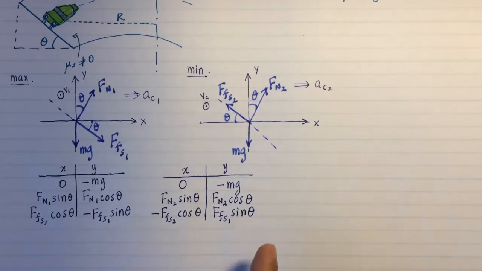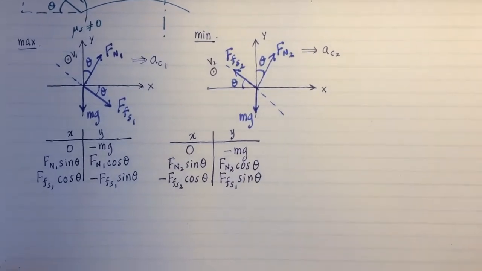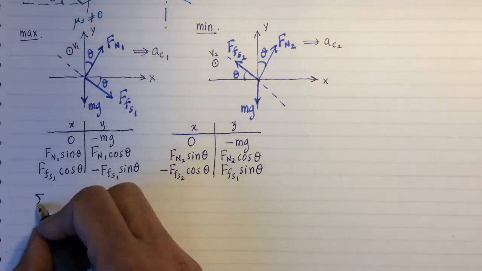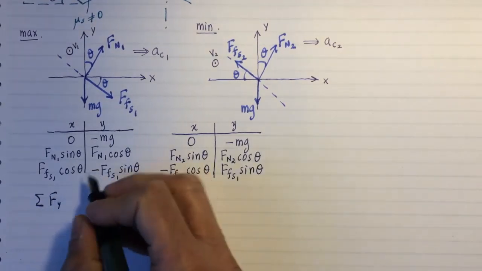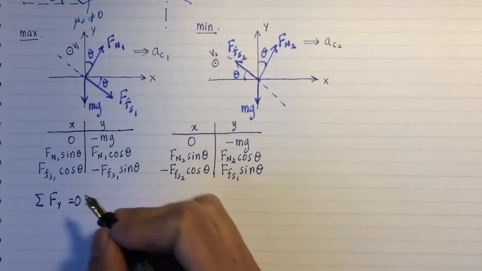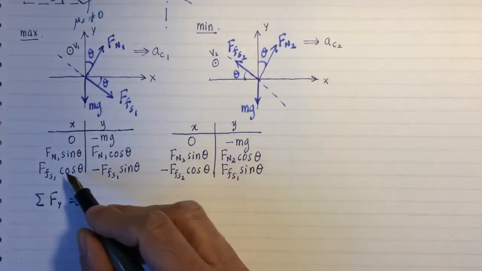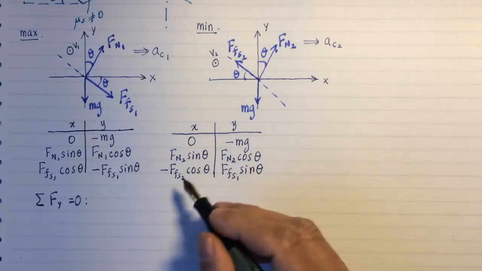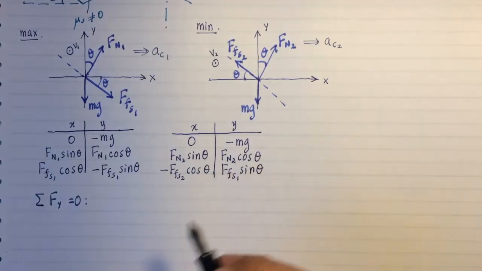For both cases, the sum of forces in the y direction has to be 0, for the simple reason the car does not fly. So let us write that equation down first. I'll do it for everything for Fn1, and then we'll just do the replacements for this case.